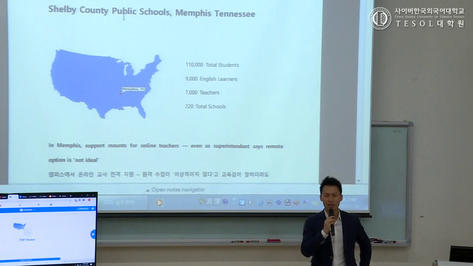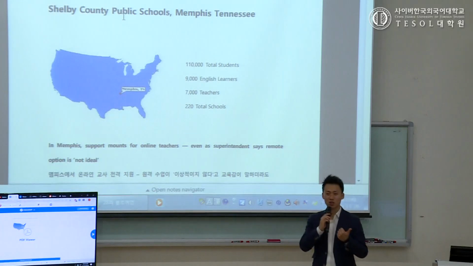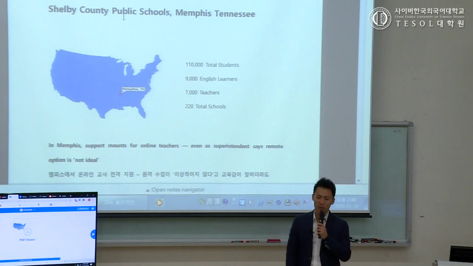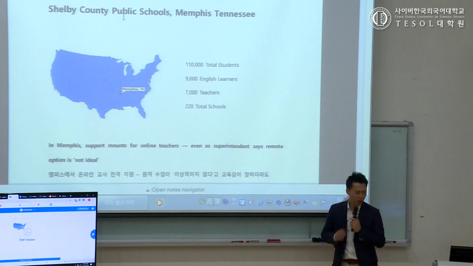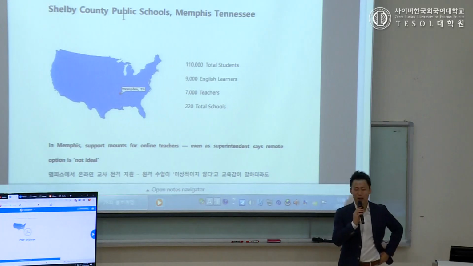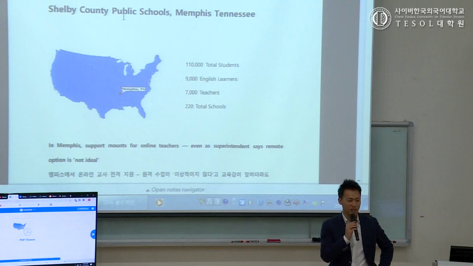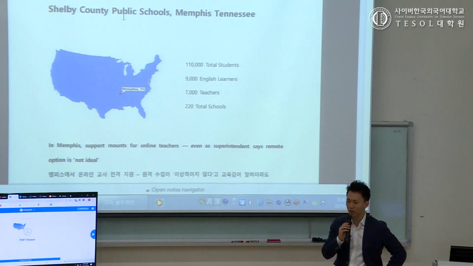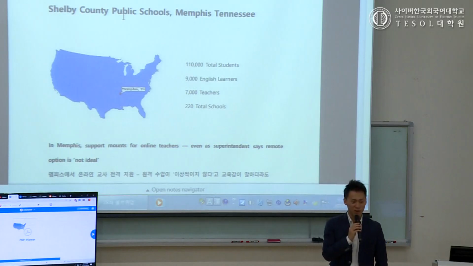Some of the reasons that they may leave include their pay. It may include they're stressed. It may include that it's not a fun place to work. A lot of stress, not a fun place to work. So this case is about, in this district, there are not enough teachers. There are not enough teachers. So what do you do when there aren't enough teachers?